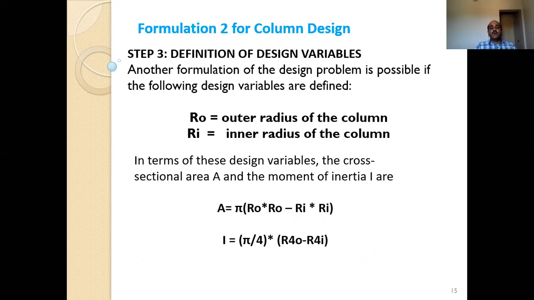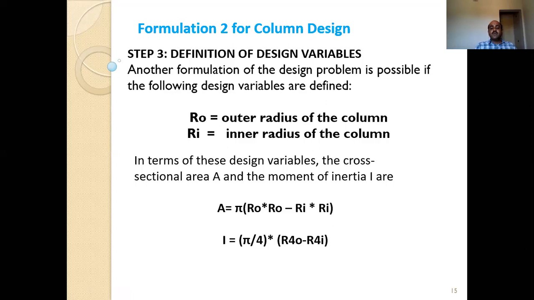Another formulation for the design problem is possible if the following design variables are defined. R0 is the outer radius of the column and Ri is the inner radius of the column.